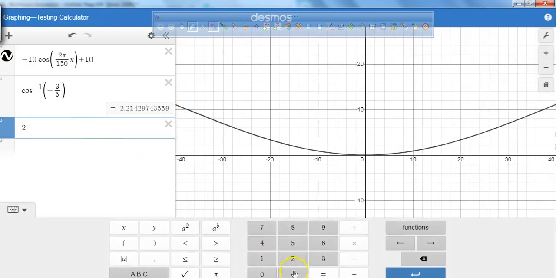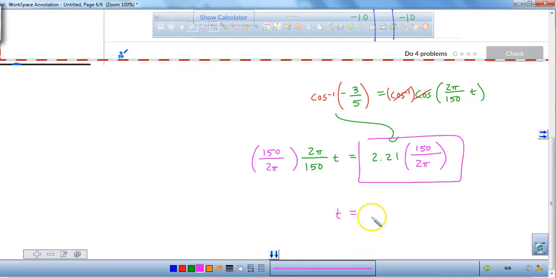I'm going to take 2.21, open the parentheses, divide, put the 150 up there, and the 2 pi down there. It looks like it says 52.75 seconds, which puts me at 53 seconds rounded to the nearest whole second.